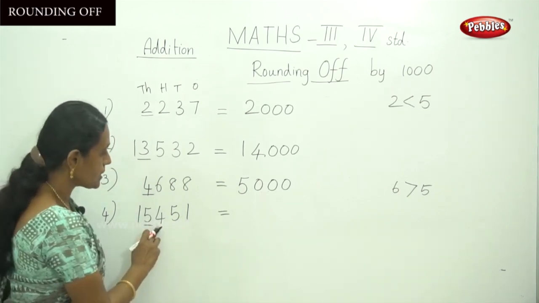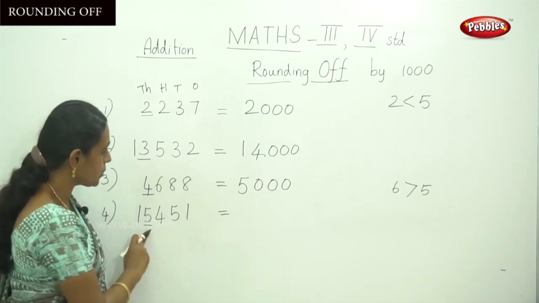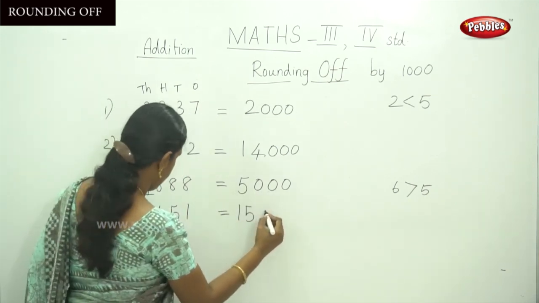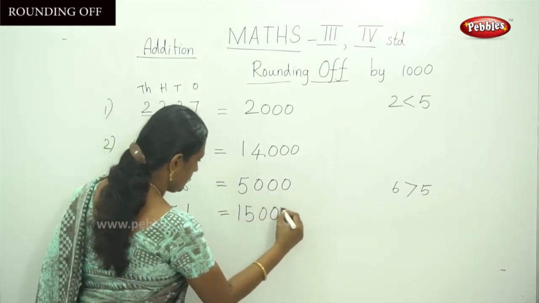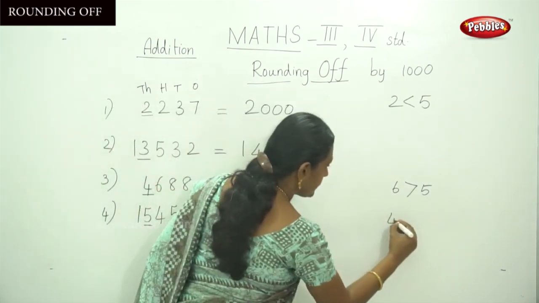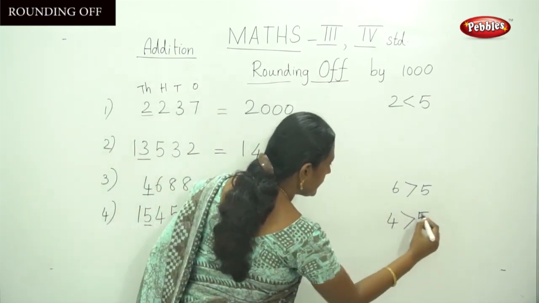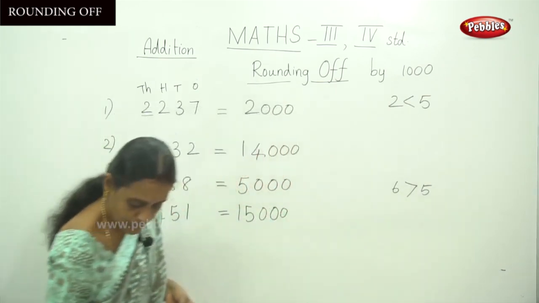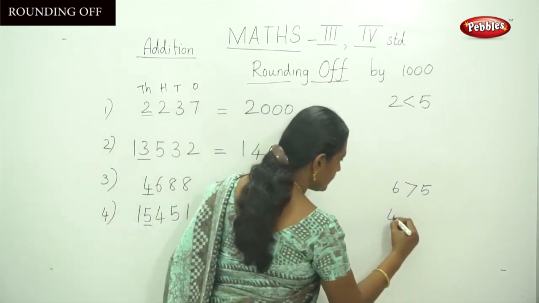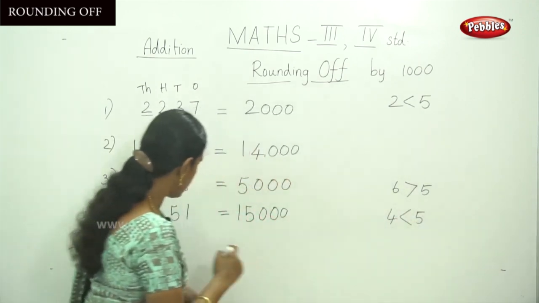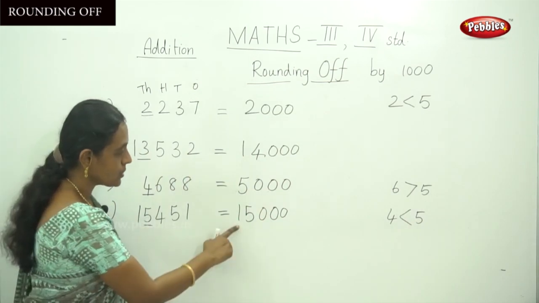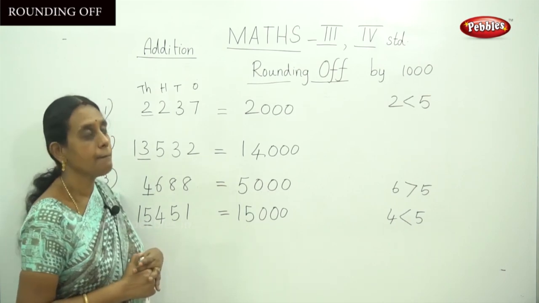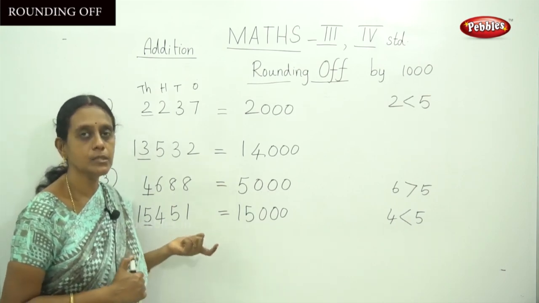Because this 4 is less than 5, put the same 1000, that is 15,000. 4 is lesser than 5, so write down the same 1000 here, that is 15,000. So this is the method of rounding off by 10, 100 and 1000.